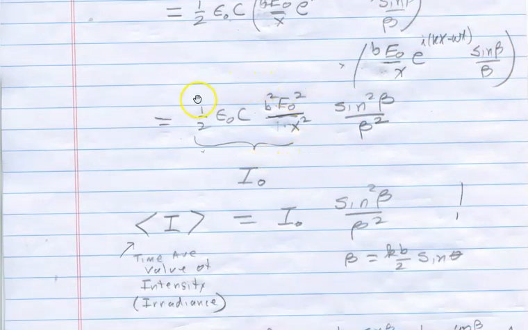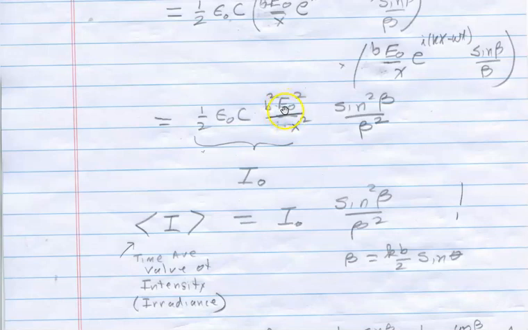Then you'll notice that all of this, these are just constants for our setup here. E naught is a measure of how bright the source is. And a brighter source has a larger value of E naught and of E, and so this would be brighter.